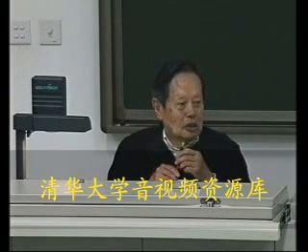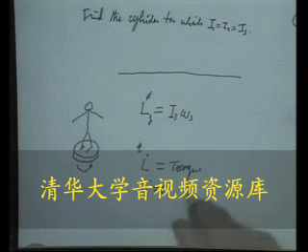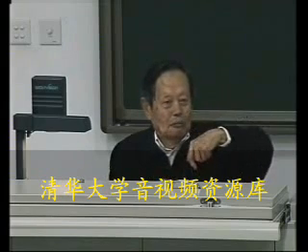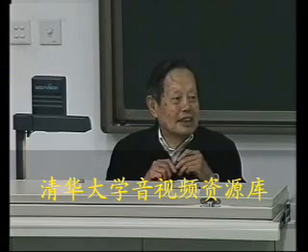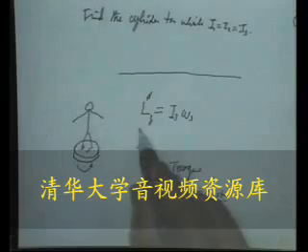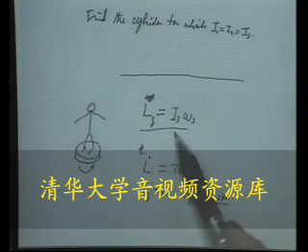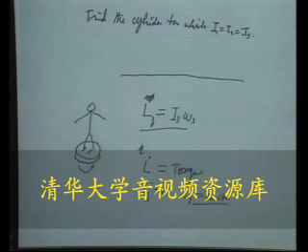So she has no torque in the z direction, therefore Lz dot is equal to zero. That means Lz is a constant. So when she stands on the platform and rotates, her total angular momentum in the z direction is not changed. In other words, this is a fixed quantity. So when I decreases, omega increases. That's the reason for that motion.